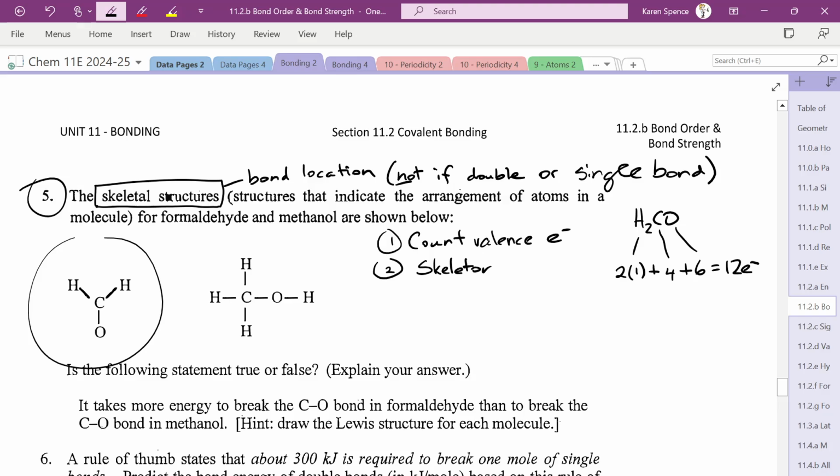So here we have our skeleton structure, and then what do we add? Lone pairs. Until what?